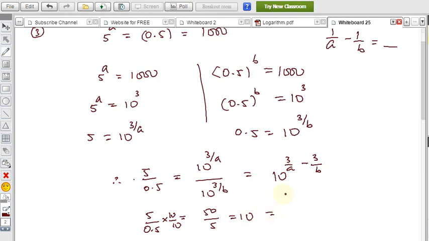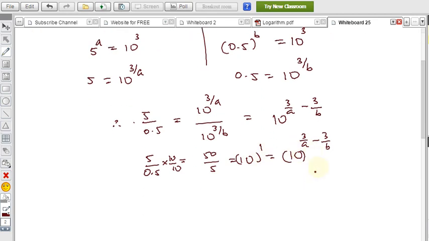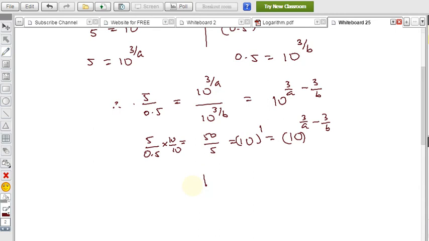Now 10 is equals to 10 to the power 3 by a minus 3 by b. Here 10 is 10 power 1. So when the bases are same, powers are equal. Therefore 1 is equals to 3 by a minus 3 by b.